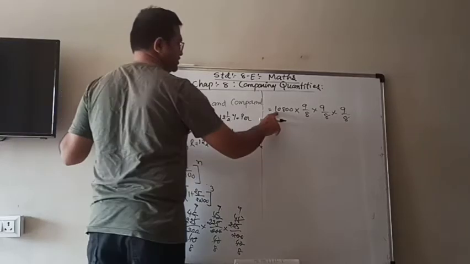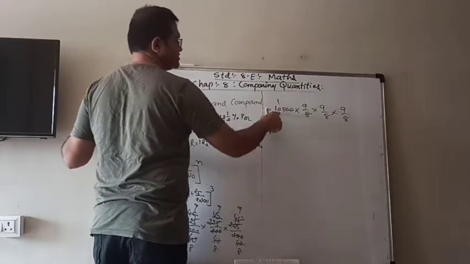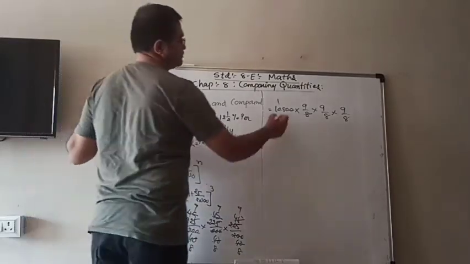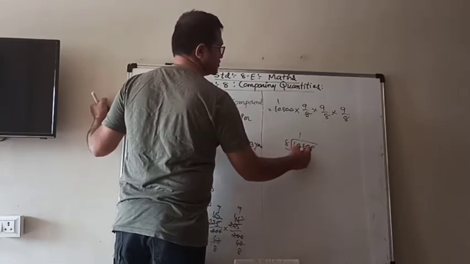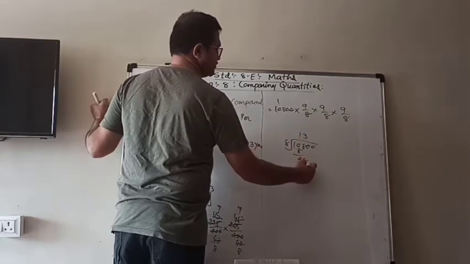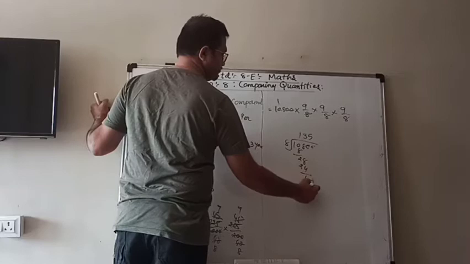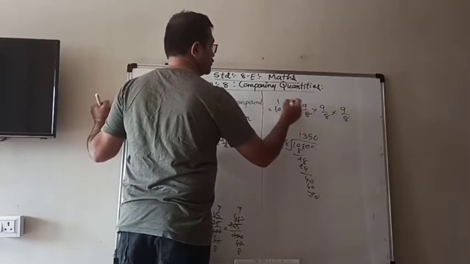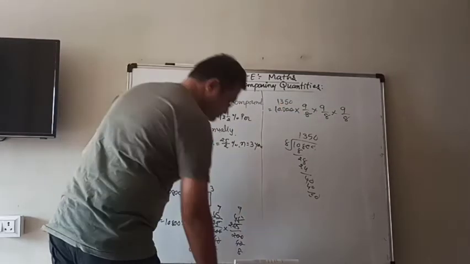Now 10,800 will be divisible by 8. 8 ones are 8, 8 threes are 24, 8 fives are 40. So 1,350.